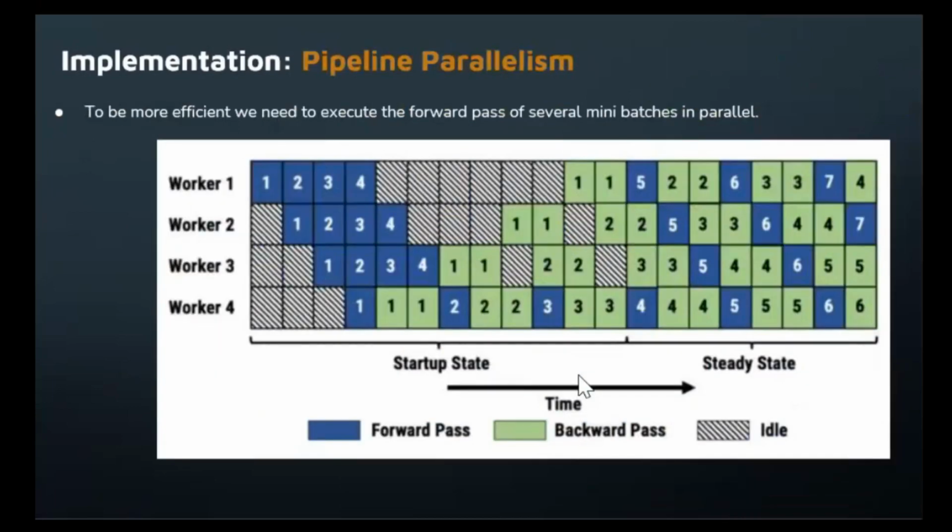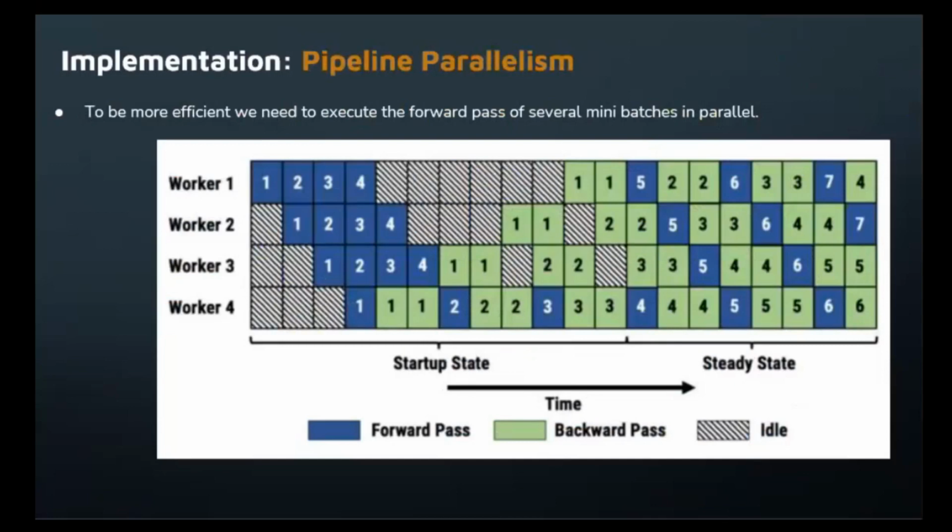So now we see pipeline parallelism. To really make things efficient, we are taking pipeline parallelism into action. Imagine executing several mini batches in the forward pass all at once. It's like serving multiple courses in a grand feast. So let's see how it works.